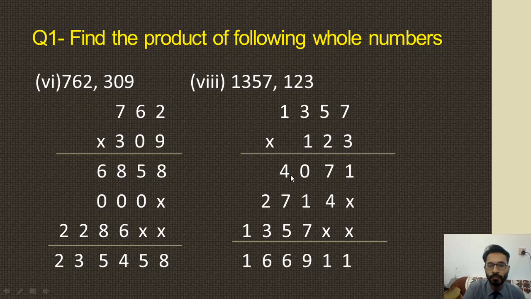After that 4 plus 7, 11. 11 plus 5, 16. From 16, 6 is at unit place, so we will write 6 from unit place under 4, 7 and 5 and we will carry 1 that is at ten place as a carry. 2 plus 1 carry plus 3, 5. 2 plus 1 carry, 3, plus 3, 6, and 1 as it is.